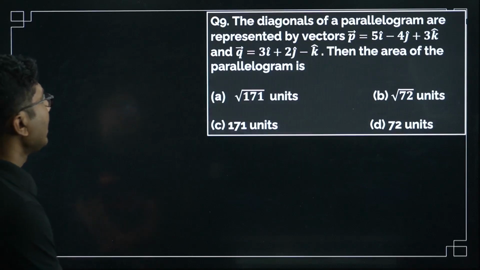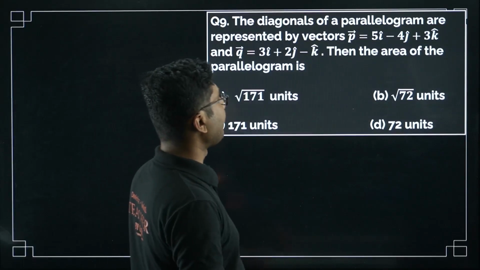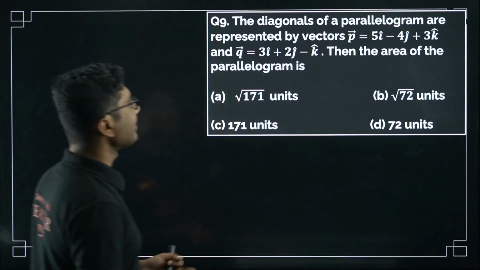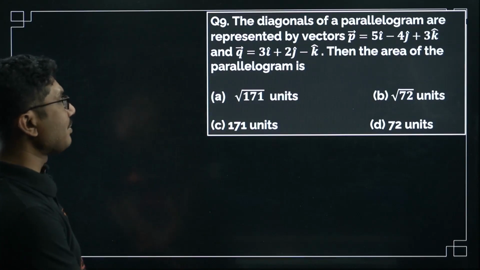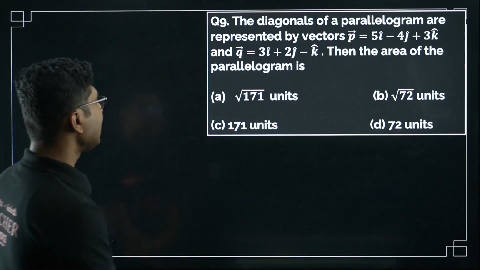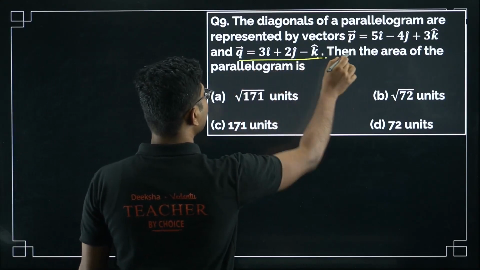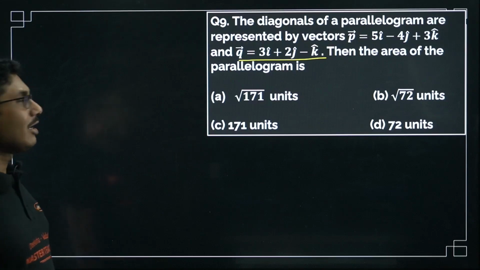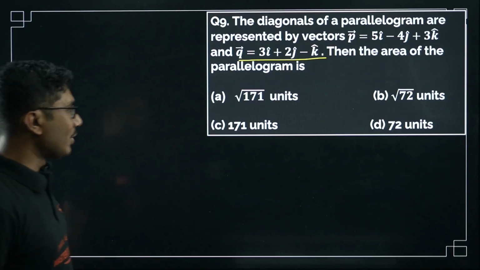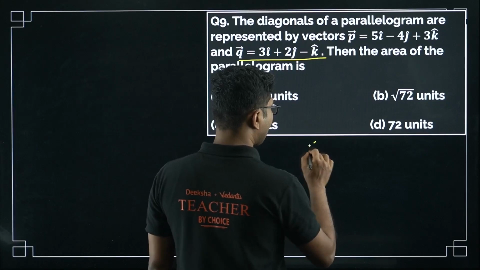Next question. The diagonals of a parallelogram are represented by vectors p equals 5i cap minus 4j cap plus 3k cap and q equals 3i cap plus 2j cap minus k cap. Then the area of the parallelogram is? So what is the formula for the area of a parallelogram?